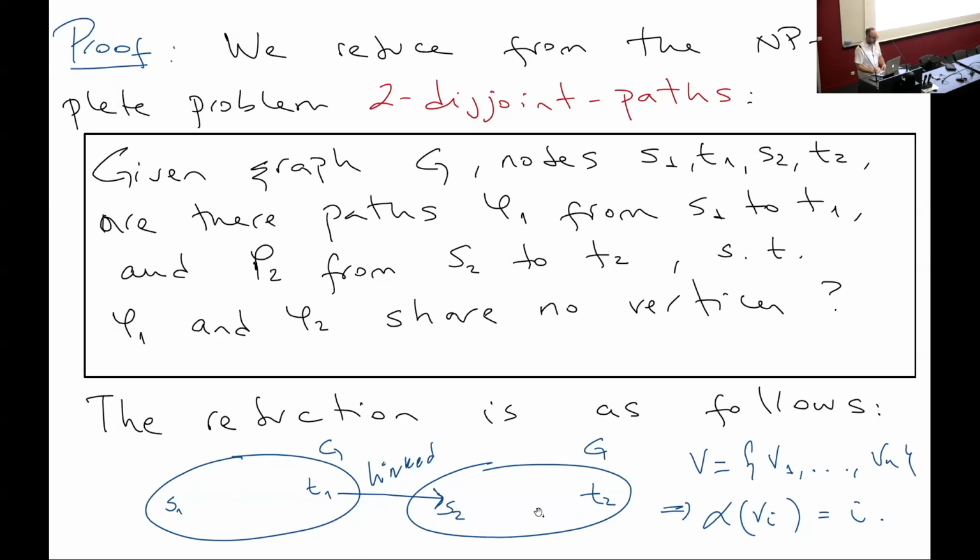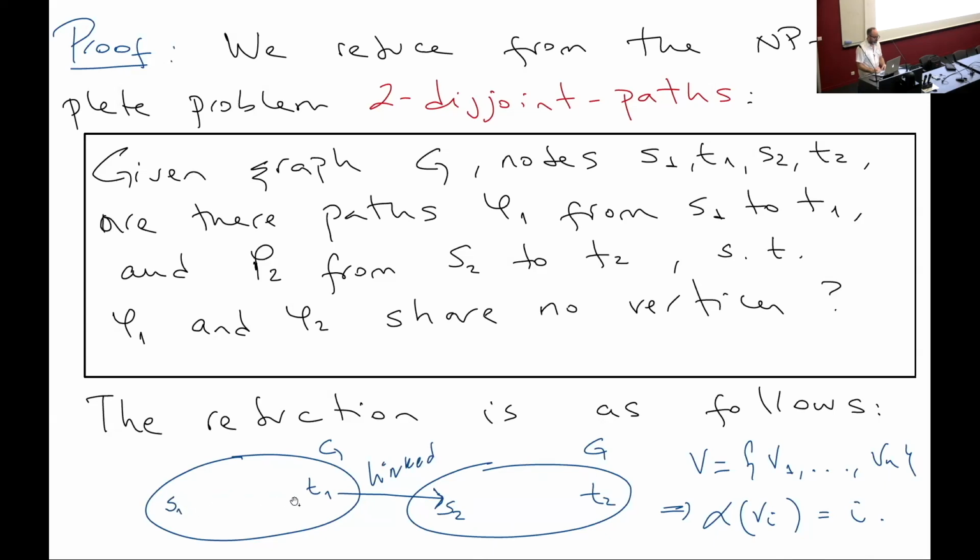So what do we do? We put two copies of the same graph. Each node receives a different data value in each one of these copies, but the copy of a node here receives the same data value as the copy of the node there.